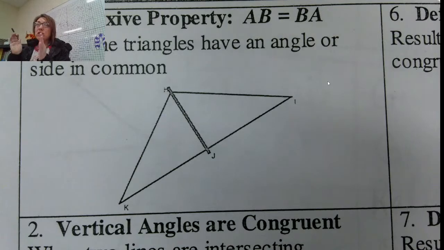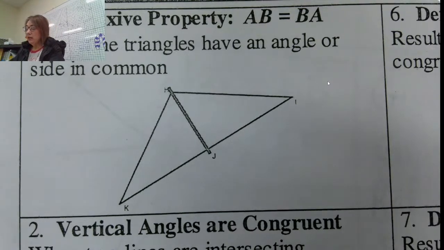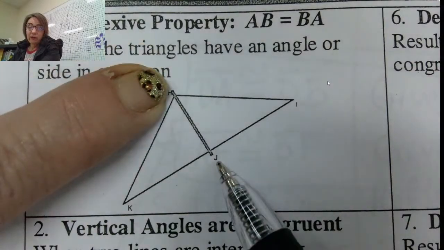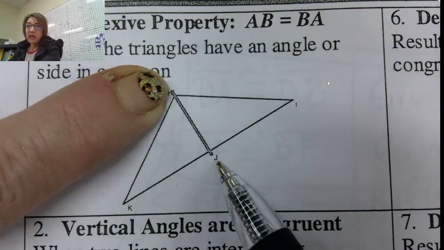Okay, so what we're talking about are these common properties that we already know that you can use to prove that things are congruent. If you look at this triangle and this triangle, they have this side the same.